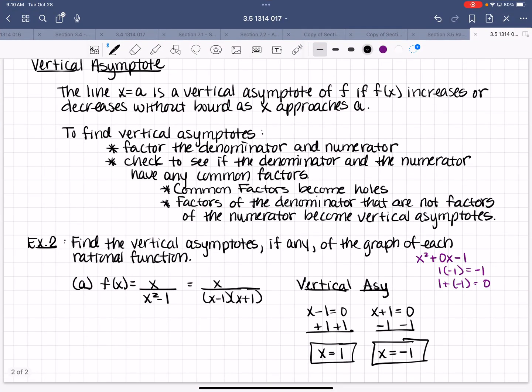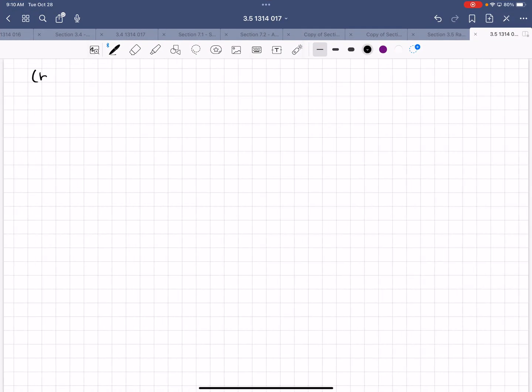Let's look at B. Same directions. We find the vertical asymptotes, if any, of g of x equals x minus 1 over x squared minus 1. Well, that numerator stays x minus 1. We've already factored x squared minus 1. We know that factors into x plus 1 times x minus 1.